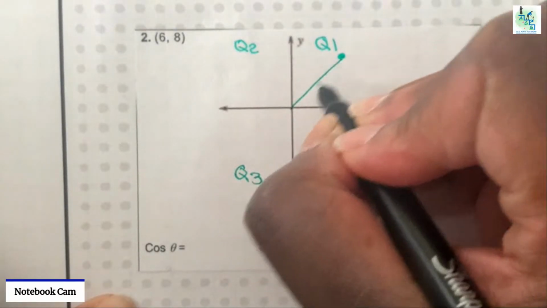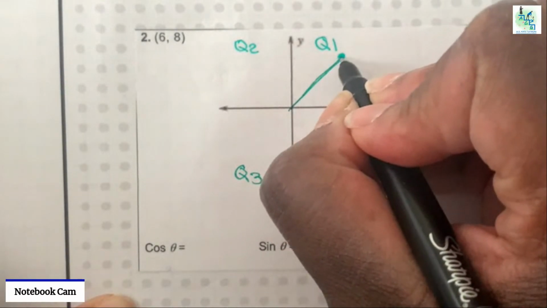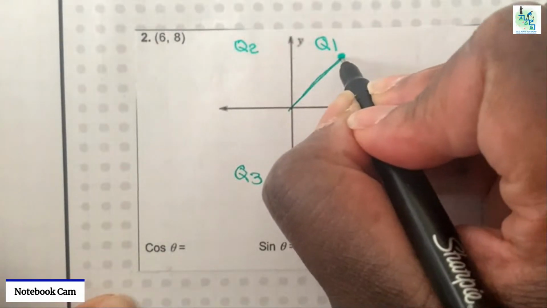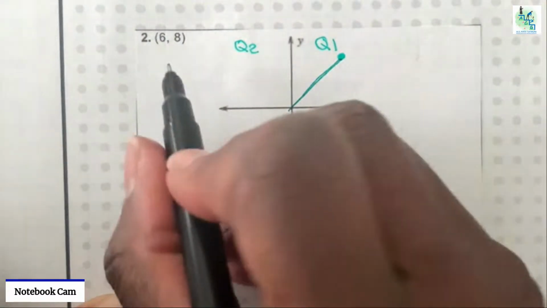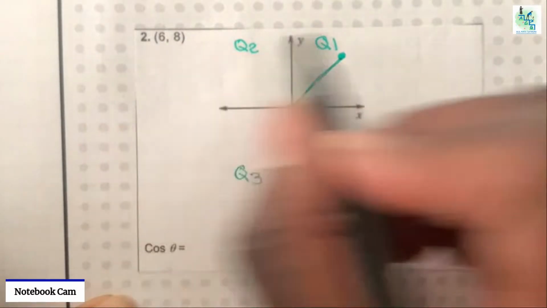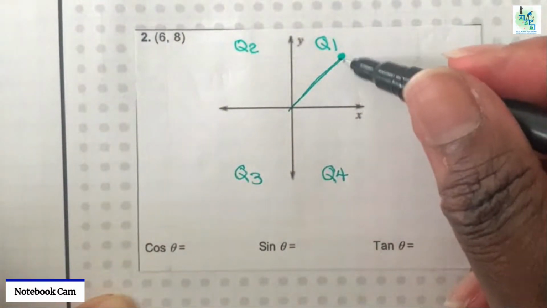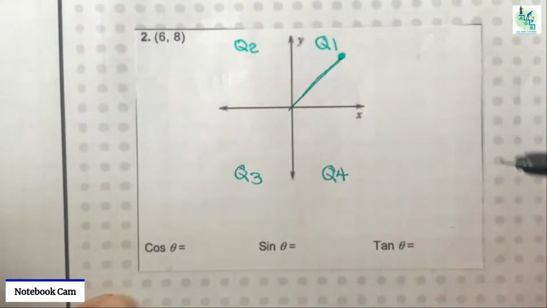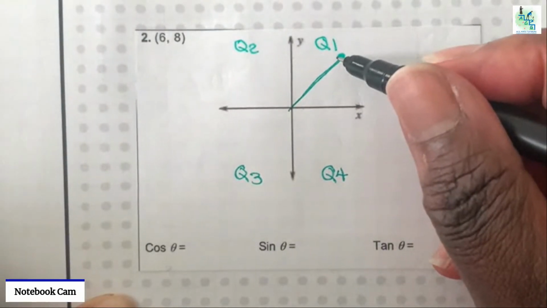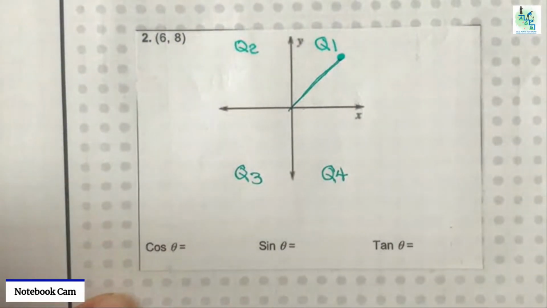Drawing my segment from the origin to that point. 6 is positive, 8 is positive. So you need to put that in the section where both are positive, which is quadrant 1.